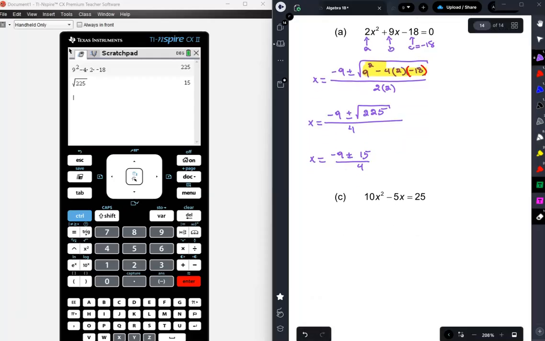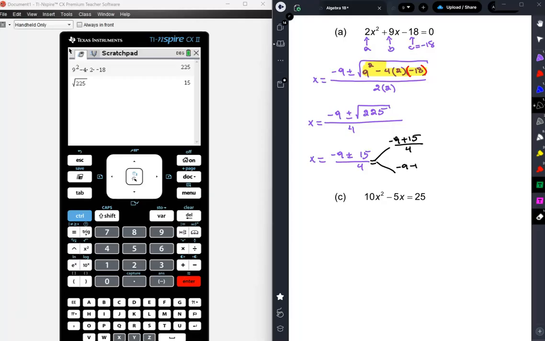Now, take a look. I have 2 answers here. So this is equal to negative 9 plus 15 over 4, negative 9 minus 15 over 4. Okay, so look up here. Look at my calculator. I'm going to do control and the division sign.